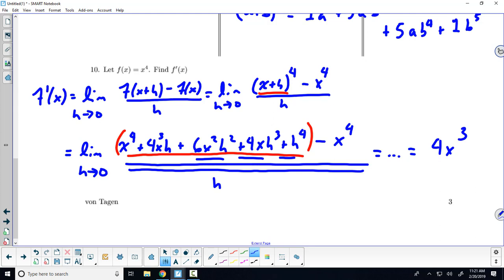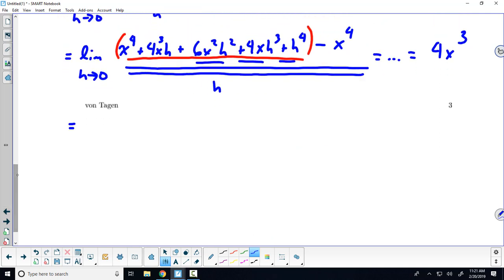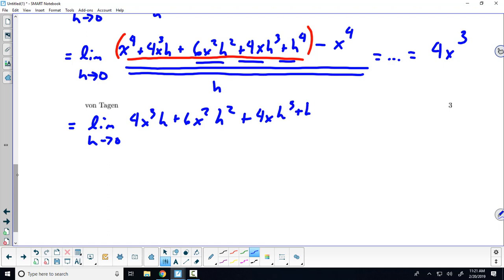If you do the 4 times 0 to the cube, it's going to be 0 for the whole answer. Okay, so let's finish it out real quick. So this gives me the limit as h approaches 0 of 4x cubed h plus 6x squared h squared plus 4x h cubed plus h to the fourth. The x to the fourth term's canceled. I can now factor out an h.